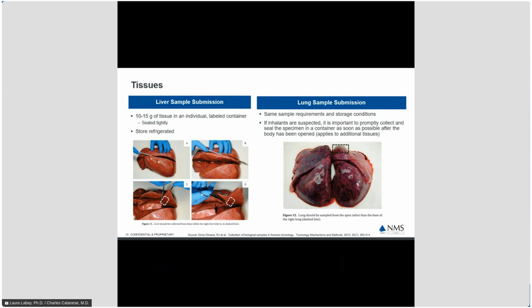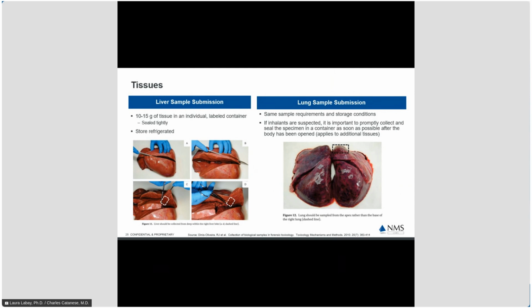And when you take the sample for submission in the specimen container, you want to make sure you don't get a lot of connective tissue or fatty tissue or other things on the surface of the liver submitted into that container. You want just liver parenchyma.